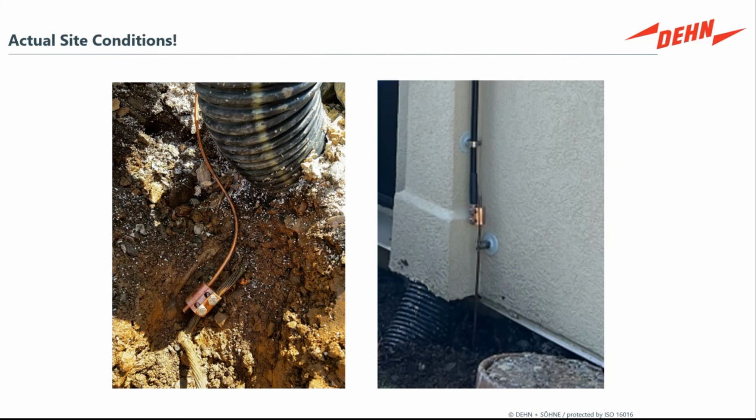This is a nice illustration of what you actually get at a site, where here we're coupling the down conductor for an isolated lightning protection system in with the existing buried grounding ring at a site. So this is when you really get into the devil of the details. What's the actual conditions at a site? And what can you really do to bond and build an actual grounded system?